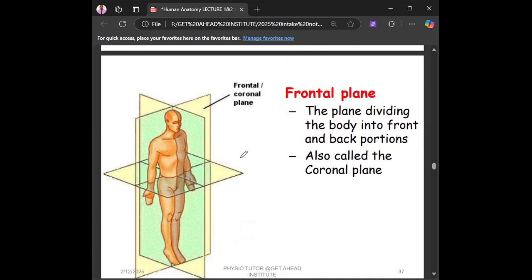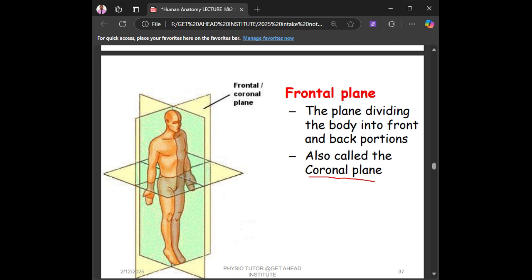Then we have the frontal plane. The frontal plane is also known as the coronal plane. These planes, the coronal or frontal plane, are imaginary vertical planes at right angles to the sagittal plane.